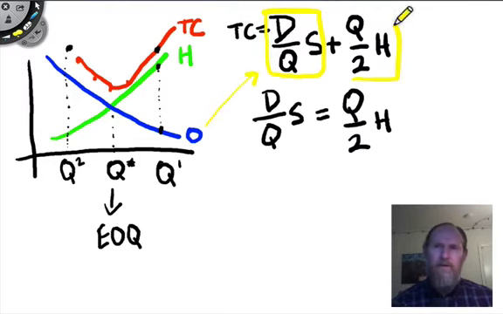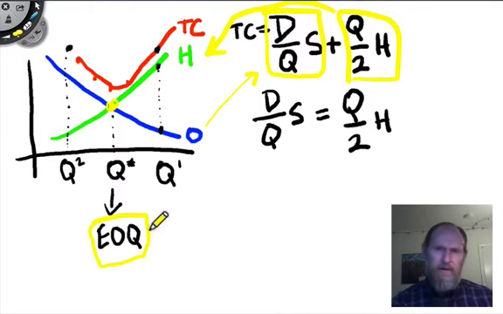And then this right here is equal to our annual holding costs. So at this point here, the EOQ, they are equal to each other.